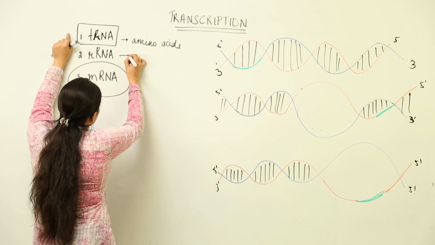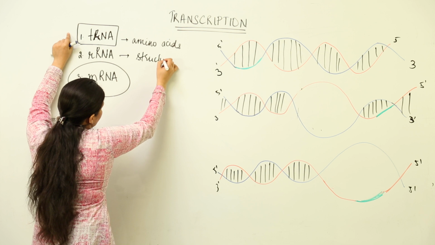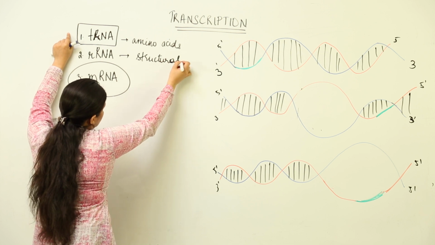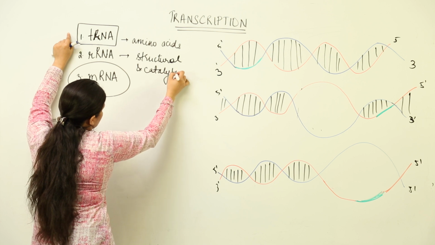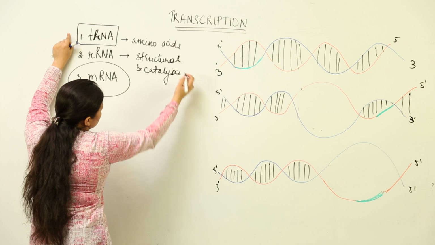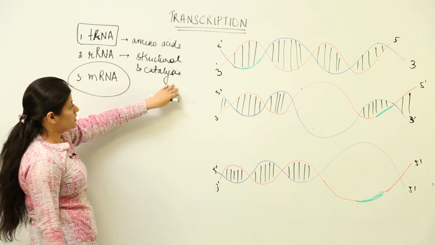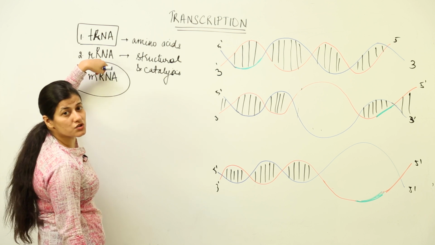Then we have ribosomal RNA. It has both structural and catalytic properties for protein synthesis. It is responsible for catalysis and the structural association that is required, because ribosomal RNA would be present in association with ribosomes.